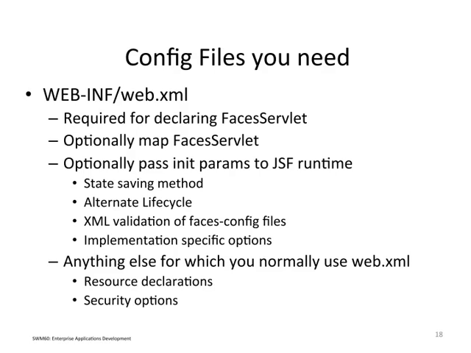In the web.xml file we specify validation of faces, config files, how specific options are going to be implemented, and anything else that normally sits in web.xml files, such as declaration of resources that are going to be used and security options that we want to specify. So this is the web.xml.